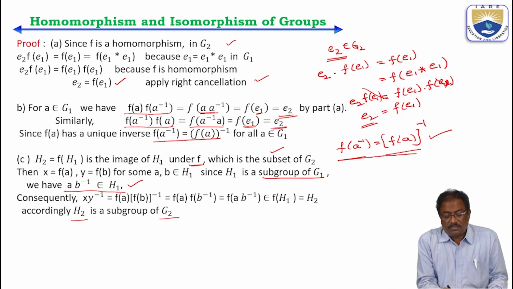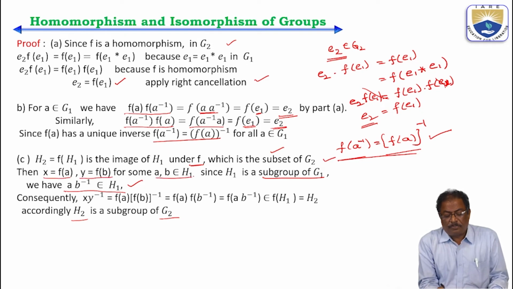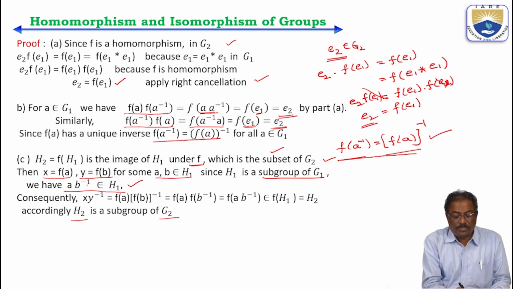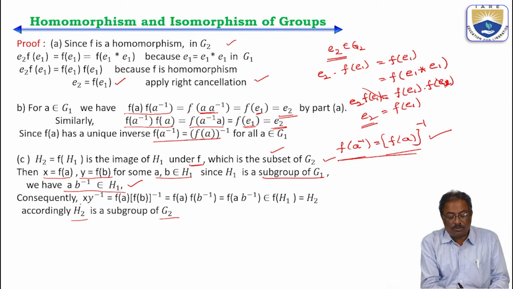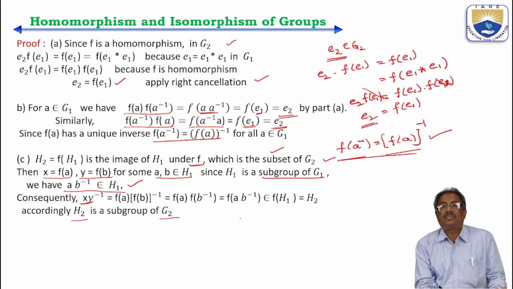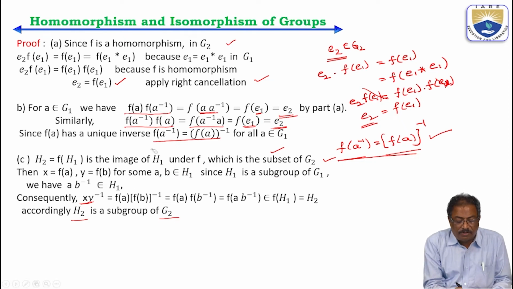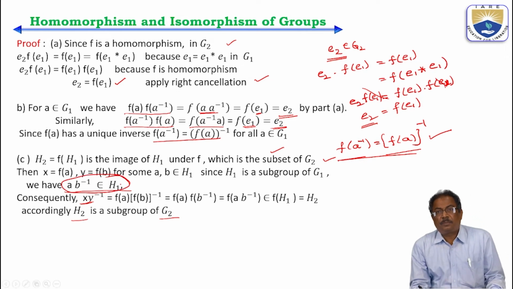So let x equal f of A, y equal f of B for some A, B belonging to H1. Since H1 is a subgroup of G1, we can say that AB inverse belongs to H1. Now we have to prove that XY inverse belongs to f of H1, which is nothing but H2. Already we proved this: if AB inverse belongs to H1, then H1 is a subgroup of G1.